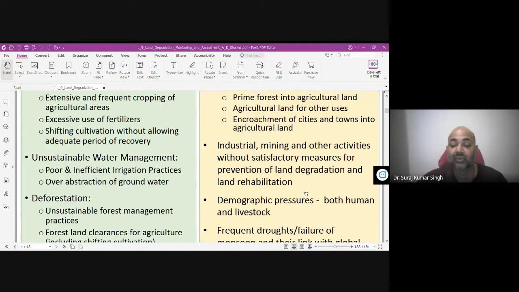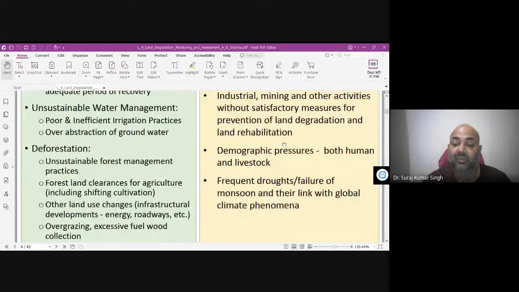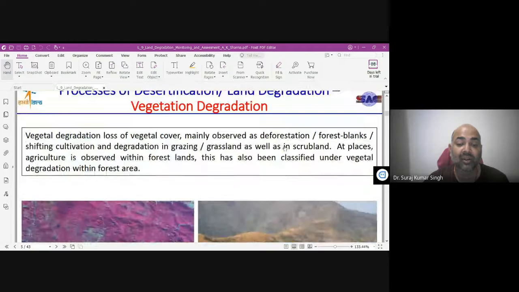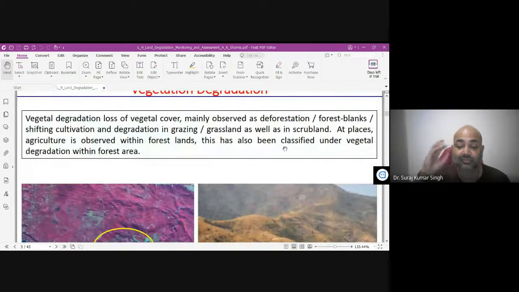And finally, demographic pressure of both human beings and livestock is creating frequent droughts, floods, earthquakes, landslides, avalanches, and all these terms are related to climate change. So you have to keep an eye on the entire operation.